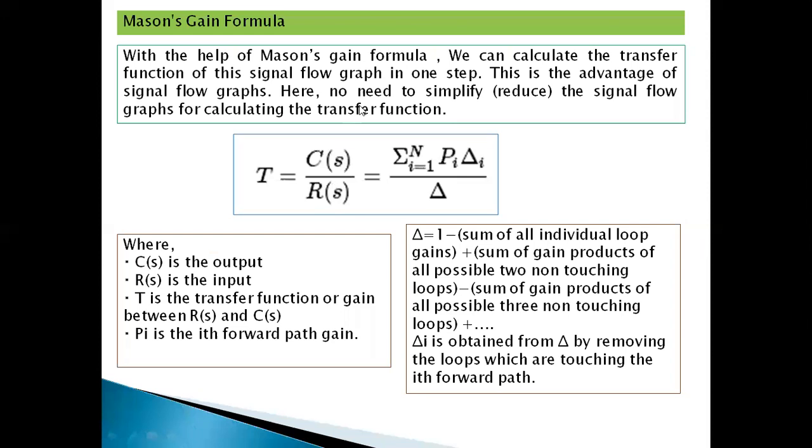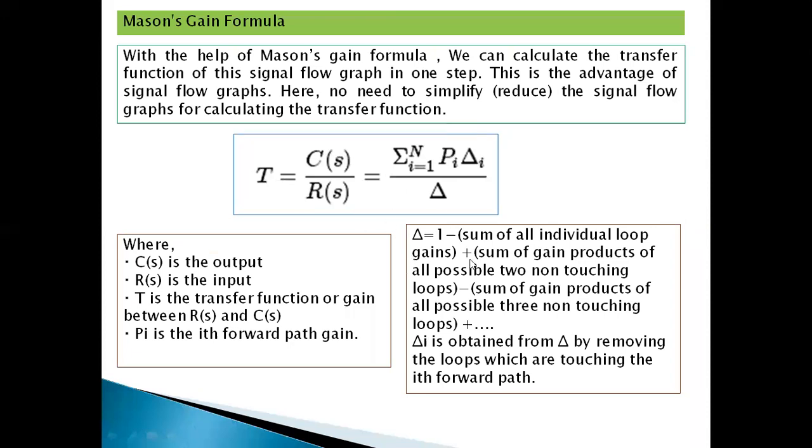So while applying Mason's gain formula, first we have to identify the forward paths. Second step, we have to identify the loops. Next step, we have to identify the non-touching loops: two non-touching loops, three non-touching loops, four non-touching loops. Next, calculation of delta.